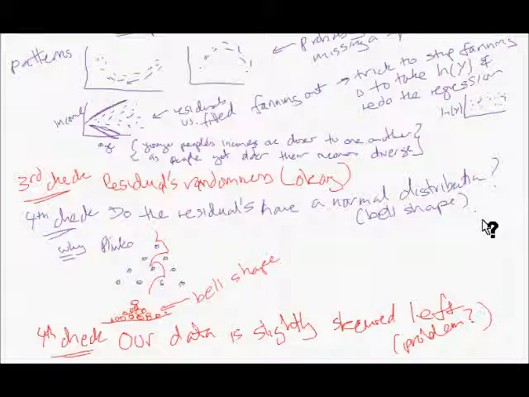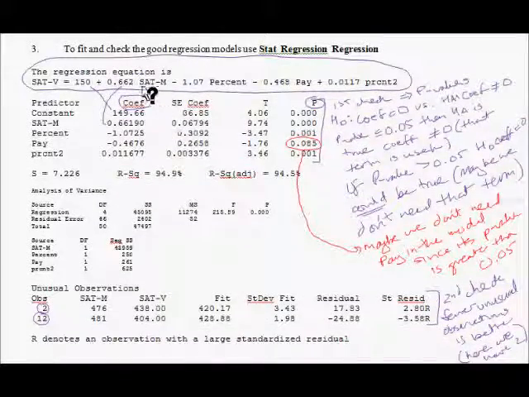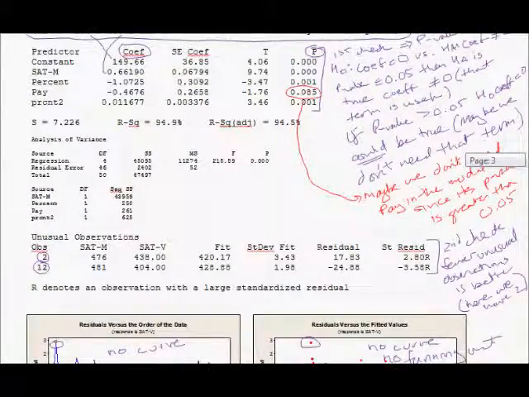So that's our first model, right? This is the model of, go back up here, using the four variables, the math, percent, pay, percent squared. So now what I want to do is compare this to another model and see which is the better of the two.